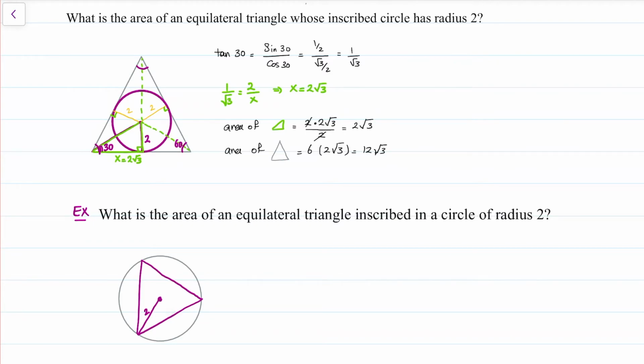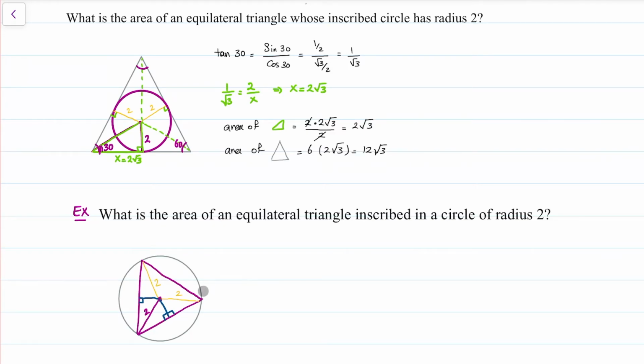So how am I going to do that? I'm going to graph some lines like this. These are the radii of our circle, so they are 2. Then I have a right triangle in here, and definitely a right triangle in here, and another right triangle in here.